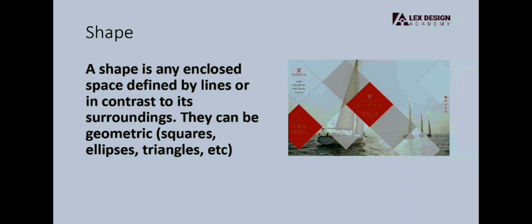Shapes are used to enclose or to contain information in a particular space, or give it contrast from its surrounding. It separates it from its surrounding. That's what I mean by contrast. Examples of shapes are, of course, squares, ellipses, triangles, polygons, etc. These are things that you will need to make your design stand out.